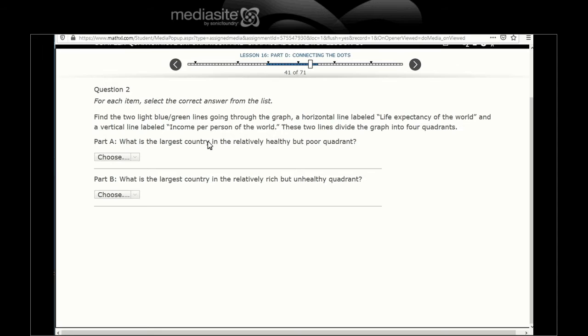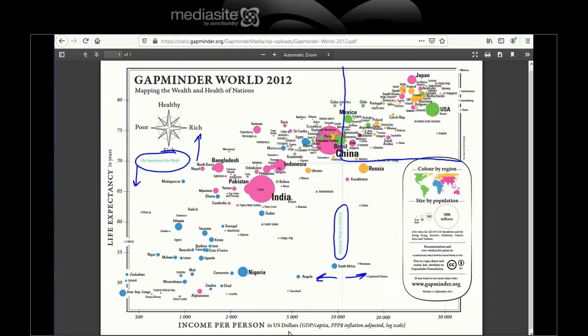So what is the largest country in the relatively healthy but poor quadrant? All right. So healthy but poor. The largest country. Well, it looks to be China.